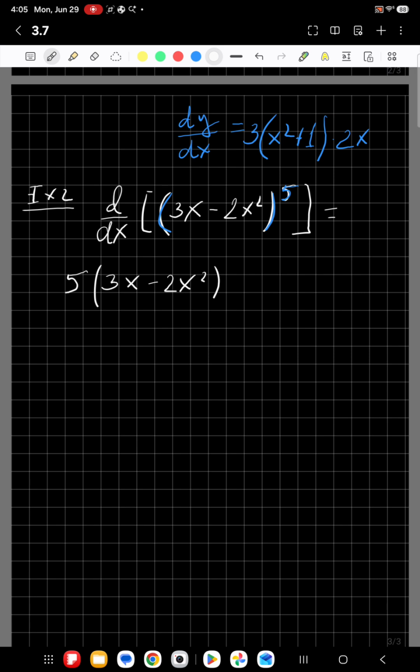And then this exponent is less by 1, I subtracted 1. And now we multiply it by the derivative of the inside. So here's the inside, 3x minus 2x squared. The derivative of that would be 3 minus 4x. All right, and that's the answer.